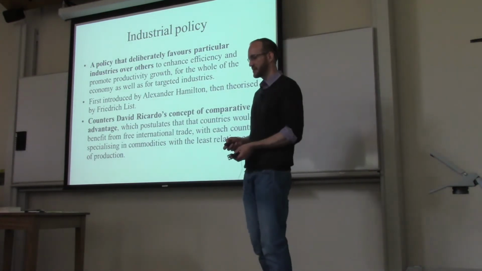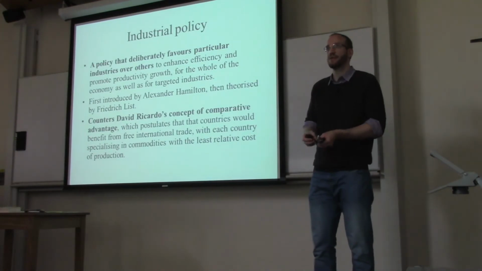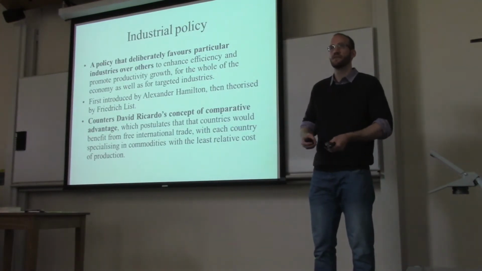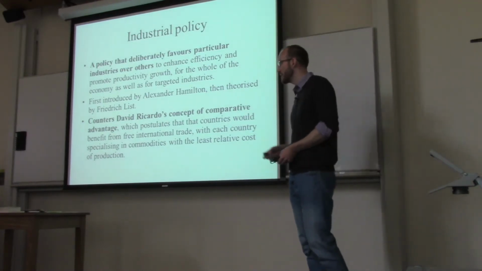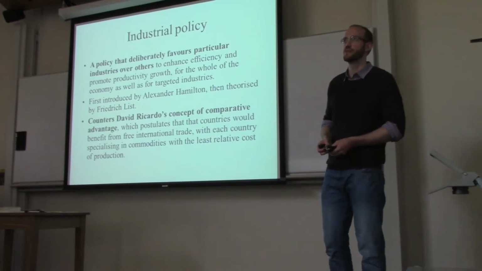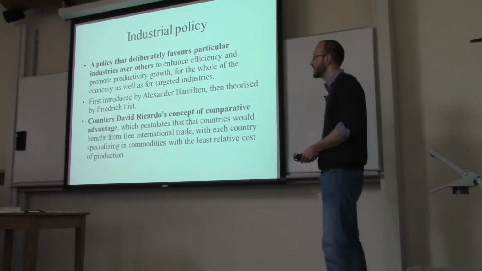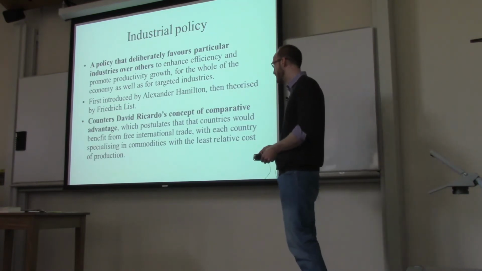And to do this, opening up to international markets when industries are in their infancy will not work. You have to protect and nurture them. So through his theories, a term developed called the infant industry argument, which is basically about protecting manufacturing industries through various tools until they become competitive.